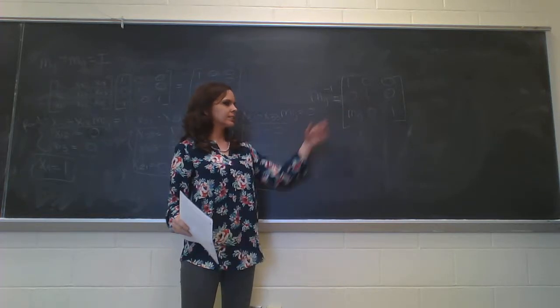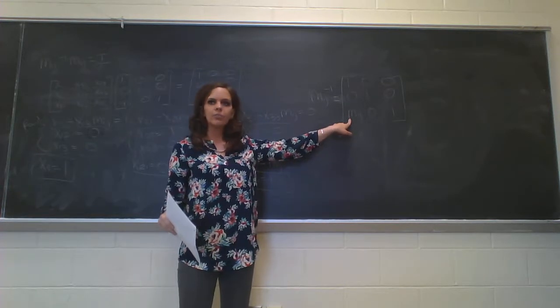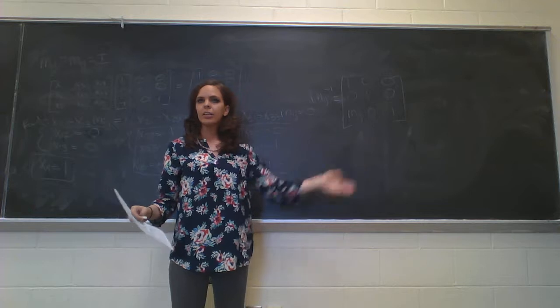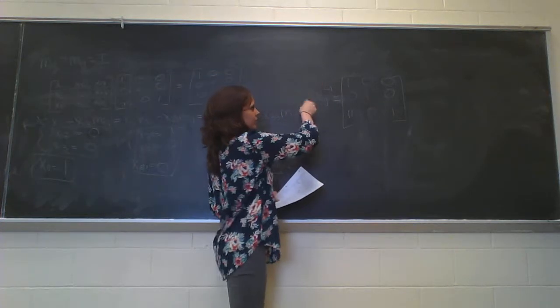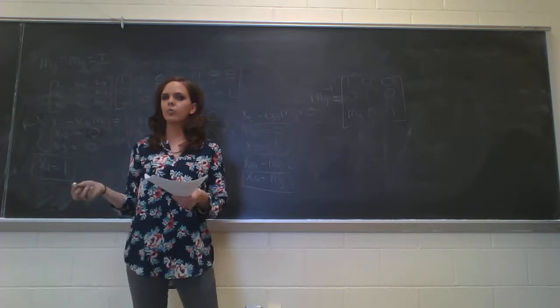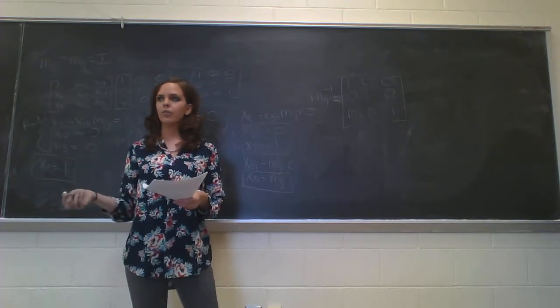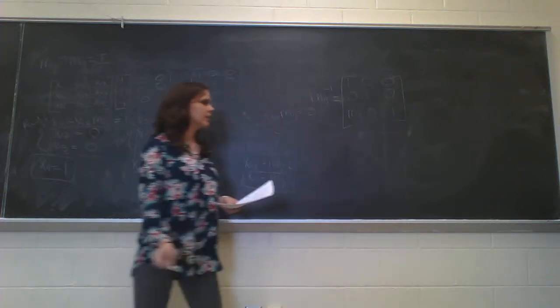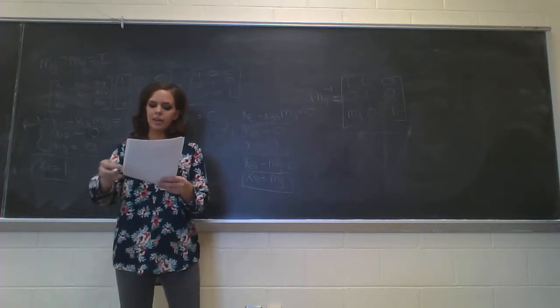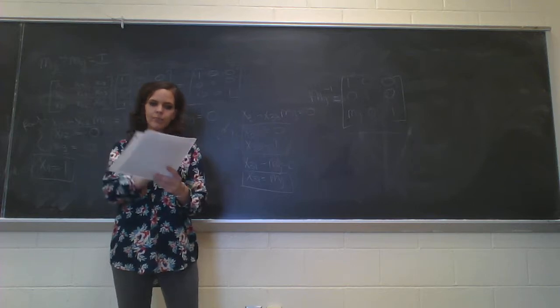And the only difference is that instead of having a negative multiplier down here, it's positive. So we just needed to take a look at, because we're going to be using the inverse of these elementary row matrices in the LU factorization. So now that we know what the inverse is, we can apply that to the LU factorization.